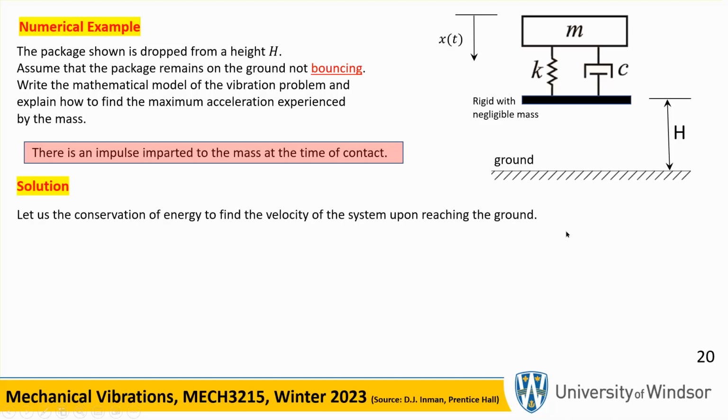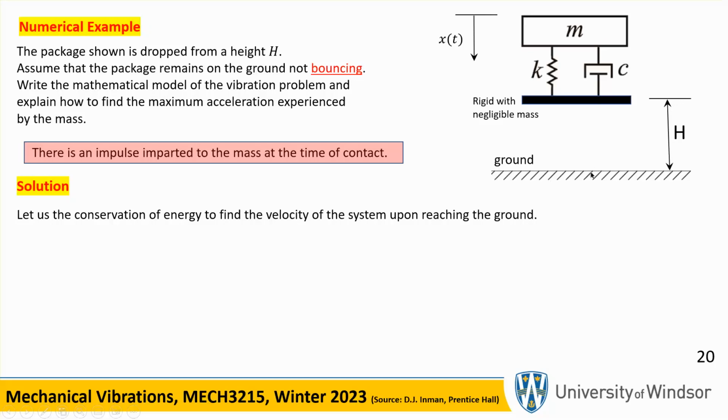First of all, we can use the work energy equation to find the velocity on the ground. So initial kinetic energy, up here from that height, is zero because it's released from that height, and the work done is going to be mg times this height.